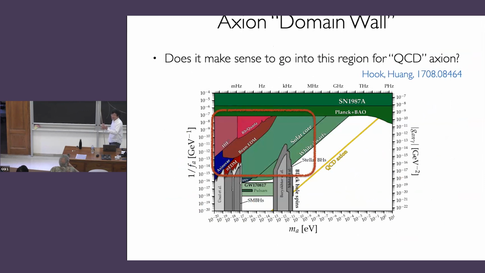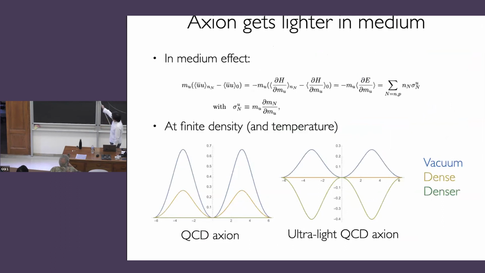And that mass is always there, right? However, in this medium, when the density increases, the QCD contribution goes away. And then what you are left with is the opposite contribution that you put in by hand to make the axion lighter.